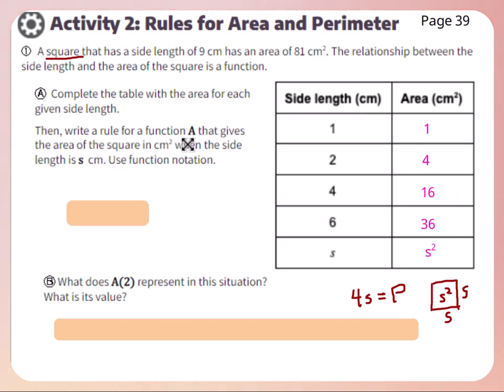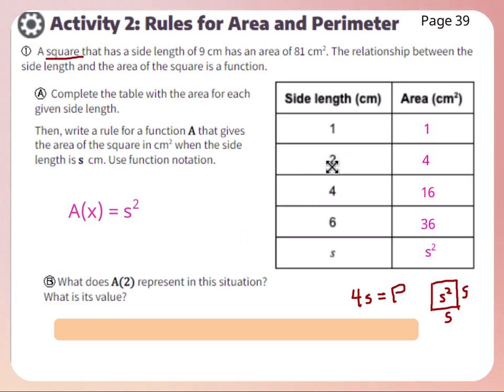All right, now we have the areas filled in on our table. We want to write a rule for function A that gives the area of a square. Okay, we already have it here on our table. The function A of x is equal to s squared. So what does the function A of 2 represent in this situation?